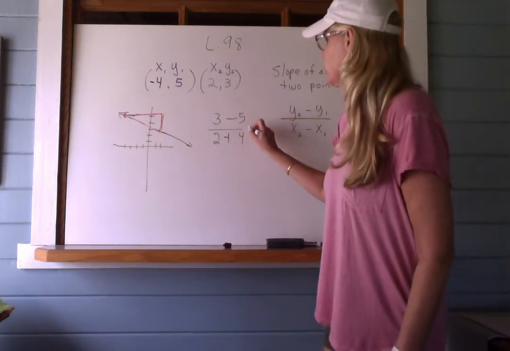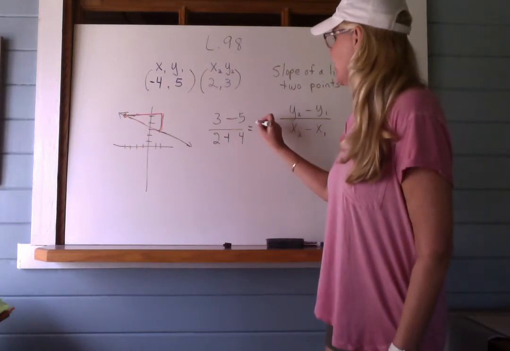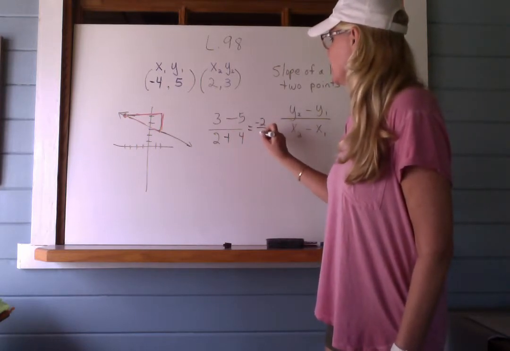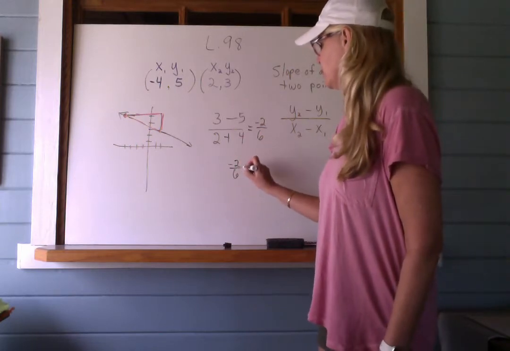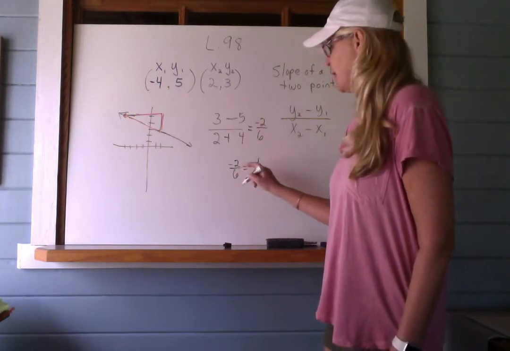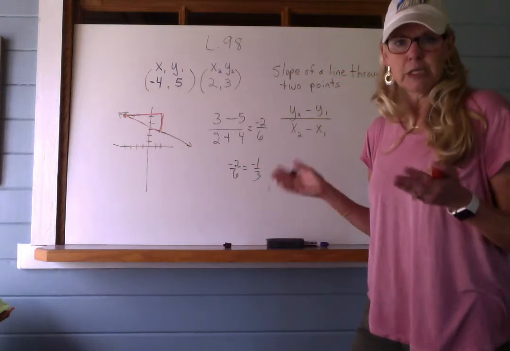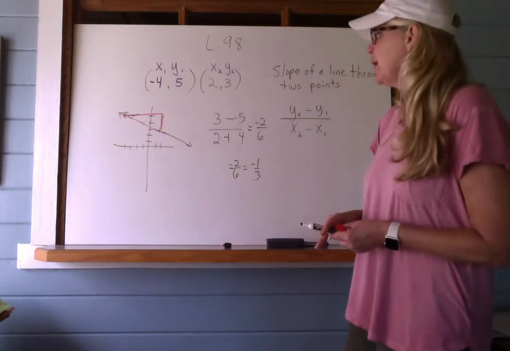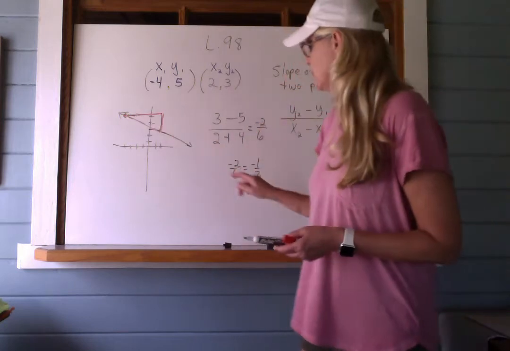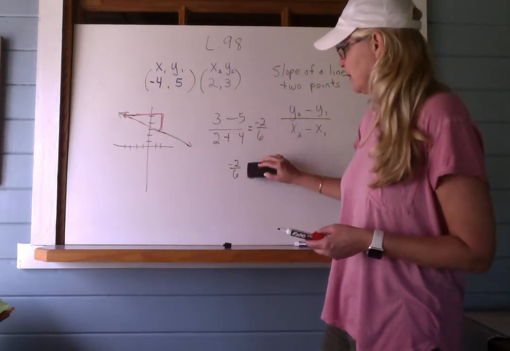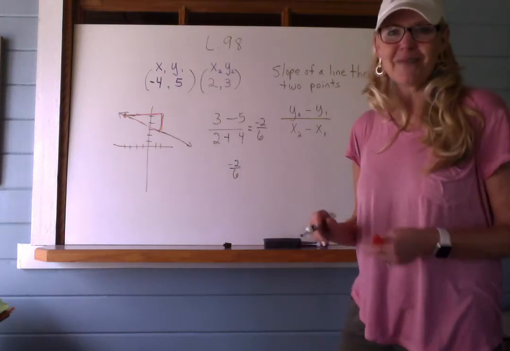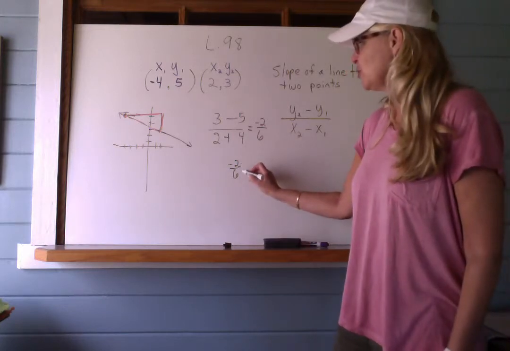All right, so my slope is -2 over 6, but -2/6 can be reduced to -1/3. That's my reduced slope. That is my slope. But in order to find that distance, we are going to erase this guy because we're going to use the non-reduced fraction. We're going to be using the 2 and the 6.